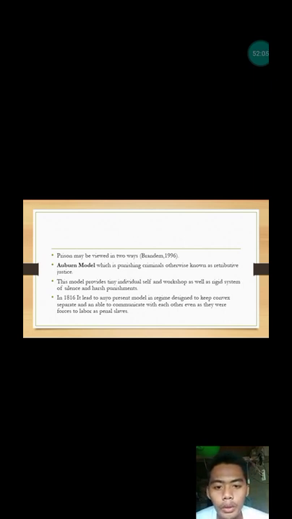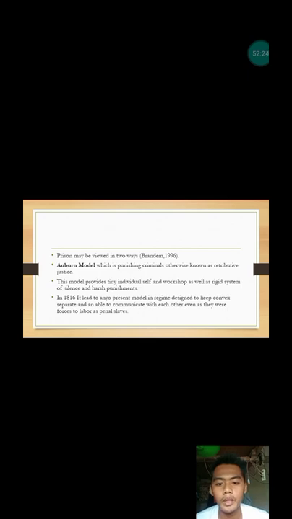Prisons may be viewed in two ways, according to Brandem, 1996. First, the Auburn model, which is punishing criminals, otherwise known as retributive justice.